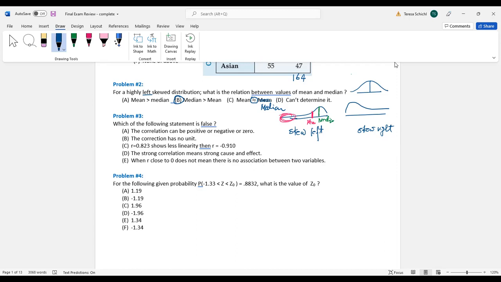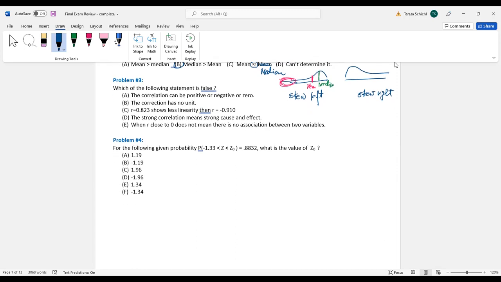All right, so let's take a look at number 3 here. Which of the following statements is false? The first one says the correlation can be positive or negative or zero. Yes, this is a correct statement. The next one is that the correlation has no unit.